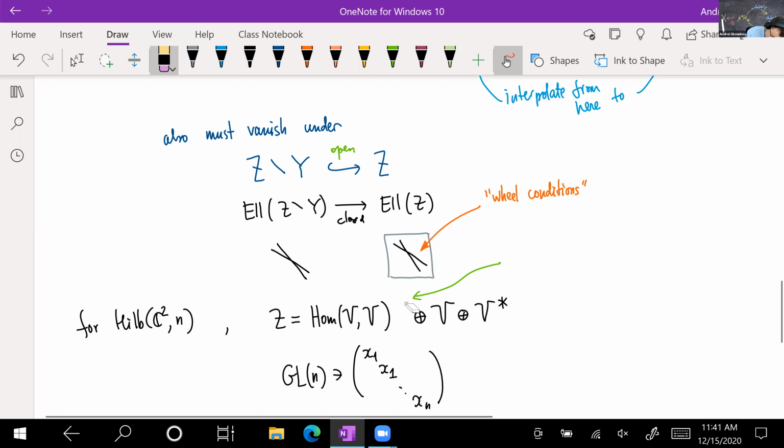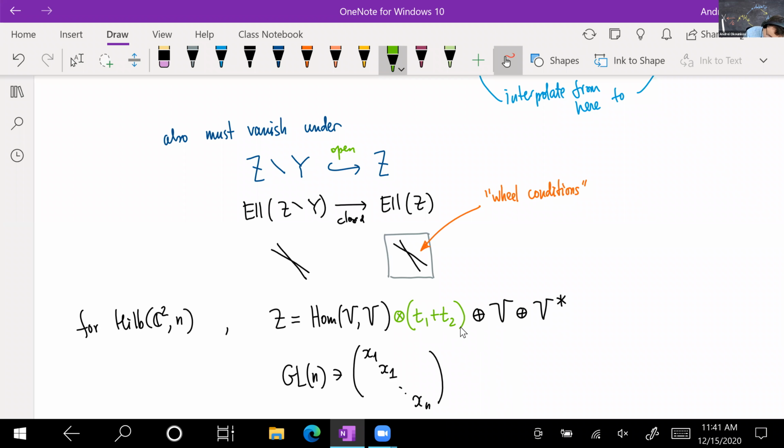Let me make it more explicit. Let me make two copies like this. Let me put a multiplicity space here. So the multiplicity space would be C, or maybe I'll just write some variable T1 plus T2, and then this V dual would have the weight T1, T2, something like that.